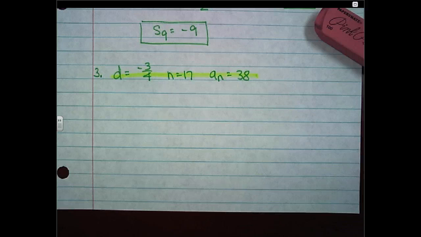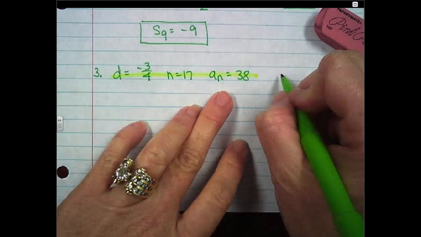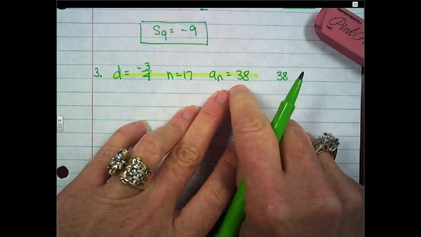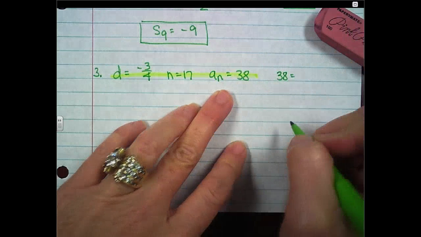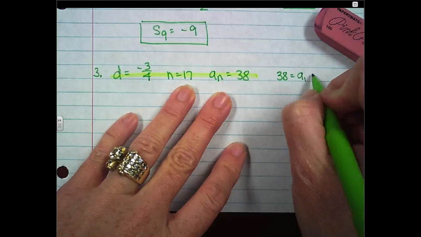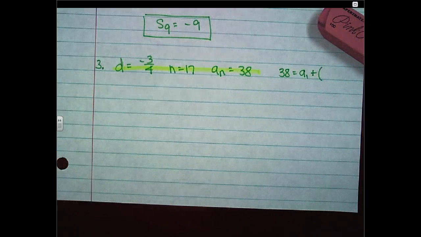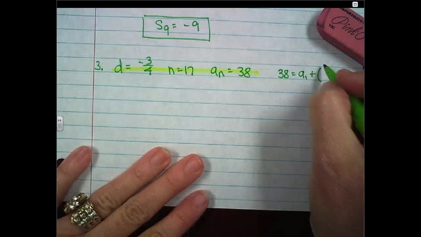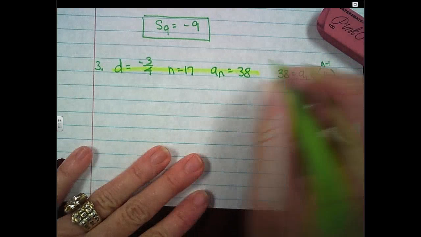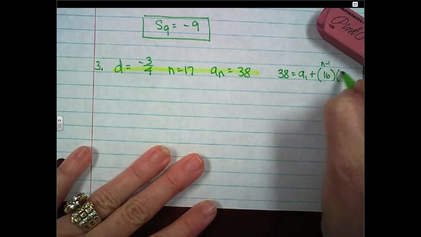Okay? So we need to use Friday's formula, the A sub N formula, right, the nth term formula. Let's use Friday's formula to find A sub 1. All right, let's try it. So in Friday's formula, the formula says that our nth term, our last term, 38, equals our first term, which we do not know, plus n minus 1, so we're going to put 16, times our common difference, which is a fraction, -3/4.